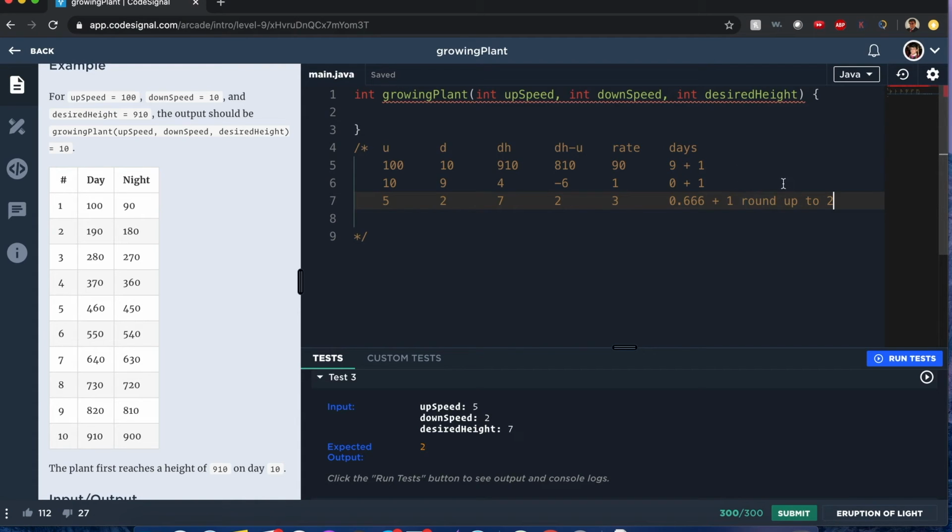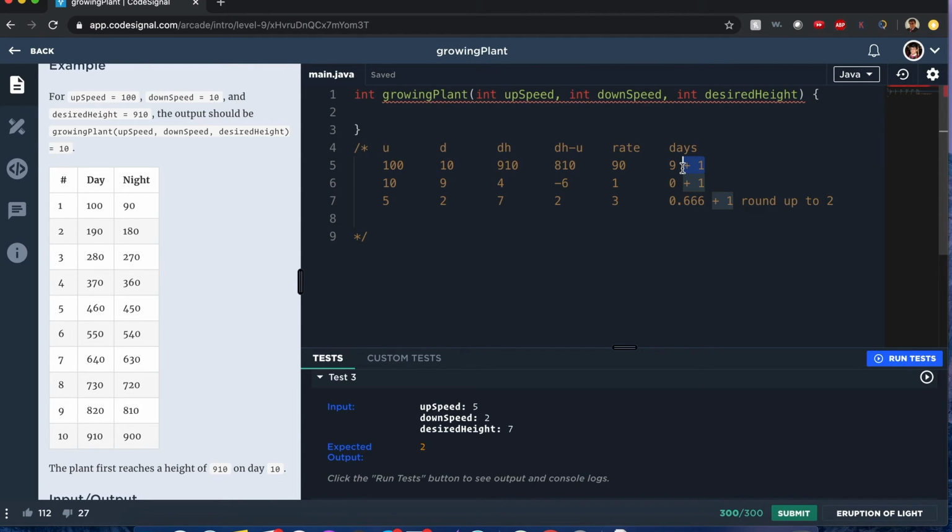So there's a few scenarios we have to consider. One, you can reach the desired height perfectly on a specific day, but even though it can decrease that height, we really want to find that day that reaches the desired height. So we calculate desired height minus upSpeed, and we get that perfect number of days, and then add that 1.